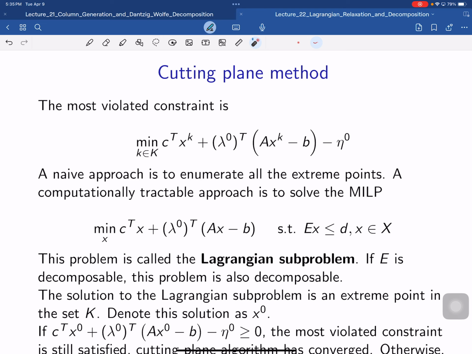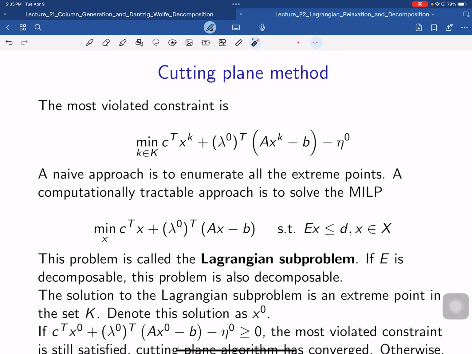So then you have to solve this particular MILP problem to find the most violated extreme point. Instead of enumerating over all the extreme points, you just give the feasible region of X, since the extreme points are generated from this feasible region. You can just put this feasible region as a constraint.